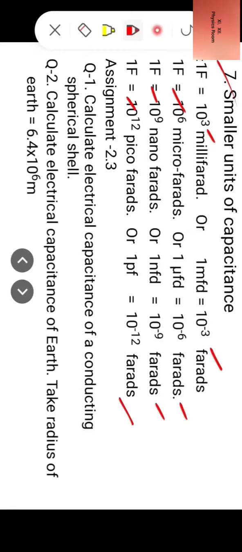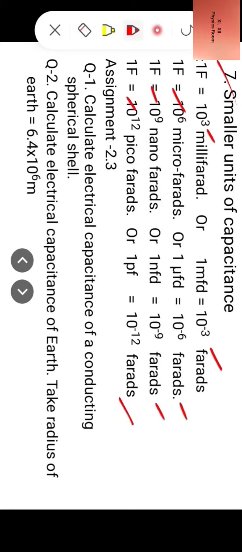Since you are to use the SI unit of capacitance as farad, you must remember skillfully how to write 1 microfarad as farads and 1 picofarad as farads. So you are to use the SI unit as farads in all cases.